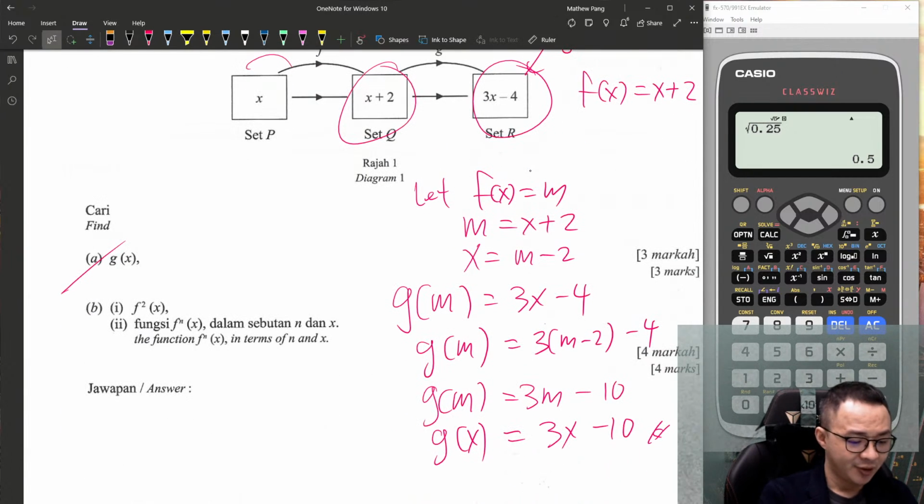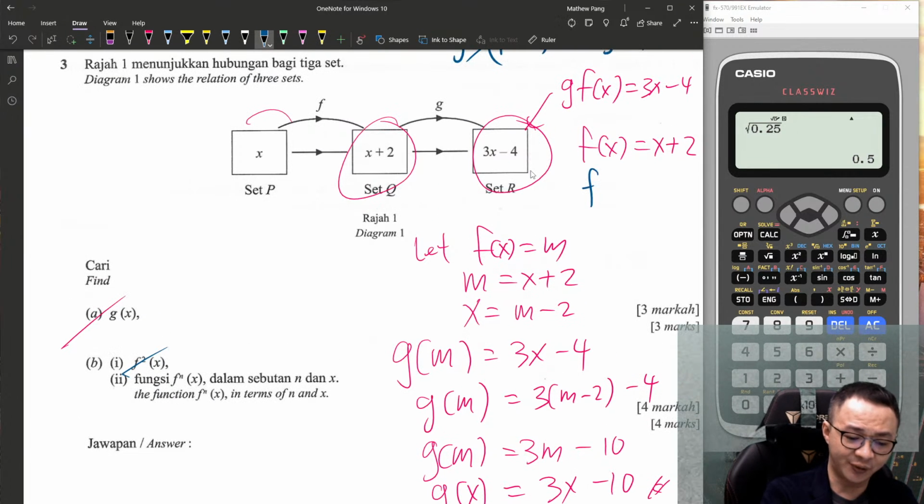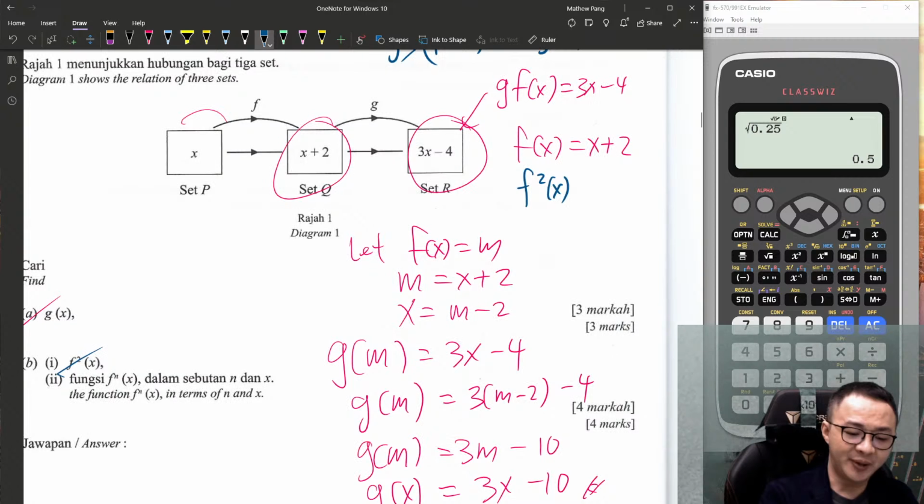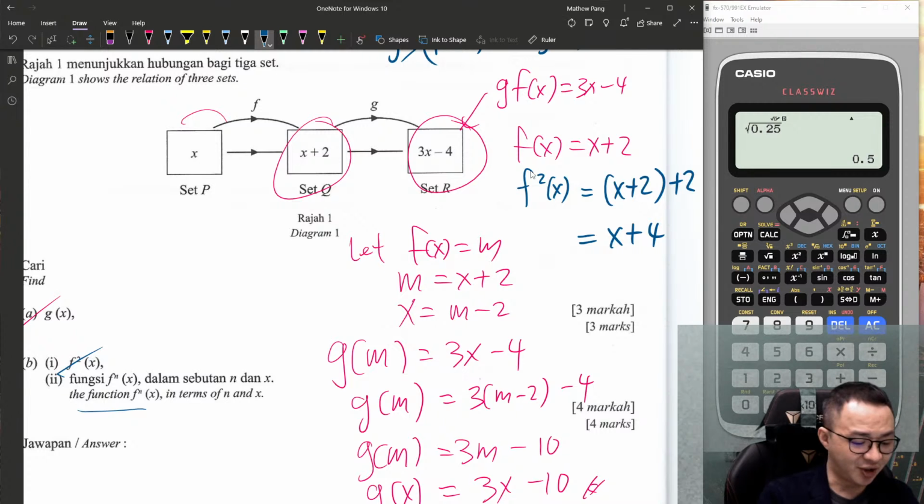Okay, so they asked us to find f squared. So let's find f squared. f squared is basically substituting x plus 2 into the x, right? So it's x plus 4. Okay, done. And then find the function of f to the power of n, f^n(x).